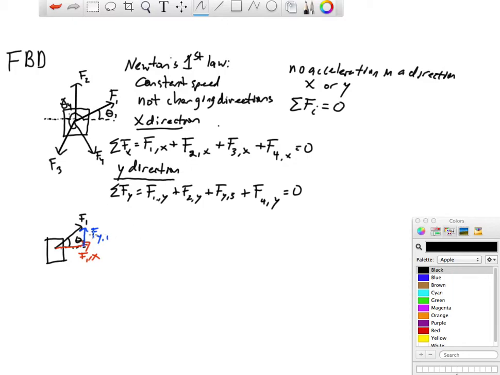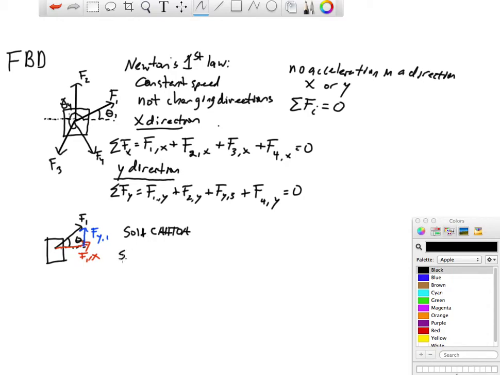So what I would do with this, I would use my trigonometric function. So remember SOHCAHTOA. If I want to find the y component of that force, then I need to use my sine, because sine is opposite over hypotenuse, this is the opposite, and the hypotenuse is the magnitude, or this F1. So F1 is this magnitude.